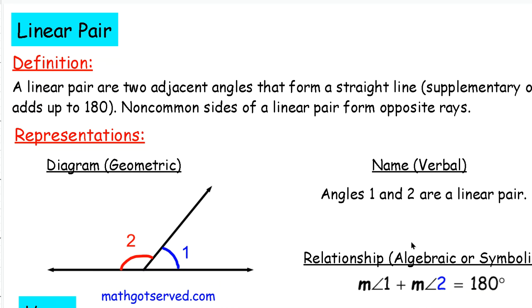So angles 1 and 2 are a linear pair, and the relationship between these two angles as indicated here is that the measure of angle 1 plus the measure of angle 2 is 180 degrees. Remember, linear pair angles are always supplementary or add up to 180 degrees. So this is formula 2 that can be found on the geometry section of Mathgotserved.com.